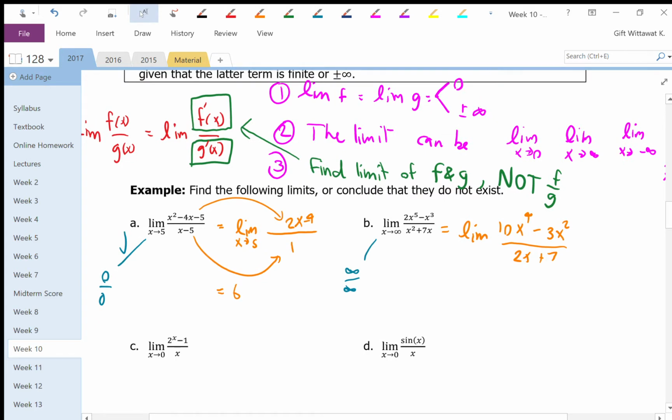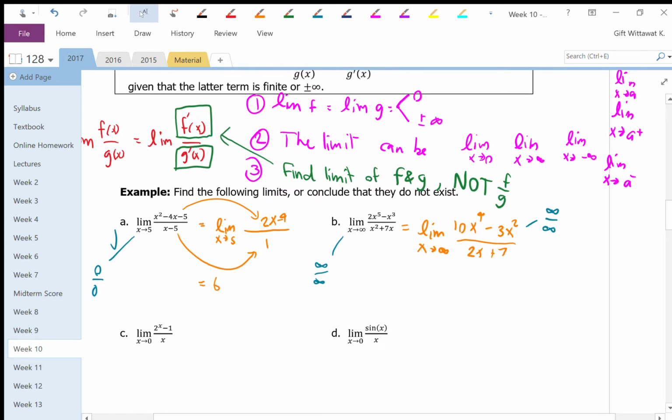So I plug in x equal to infinity again and find the limit of this, and I once again get infinity over infinity. That means I don't have the answer yet, but what I can do is use L'Hopital's rule again.